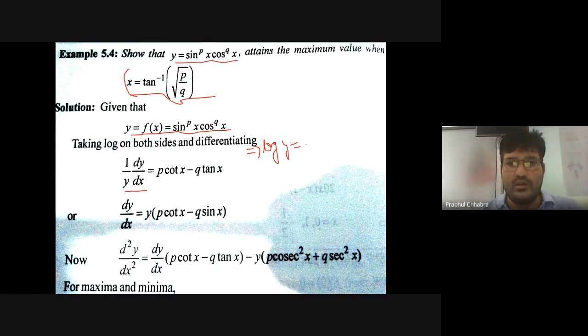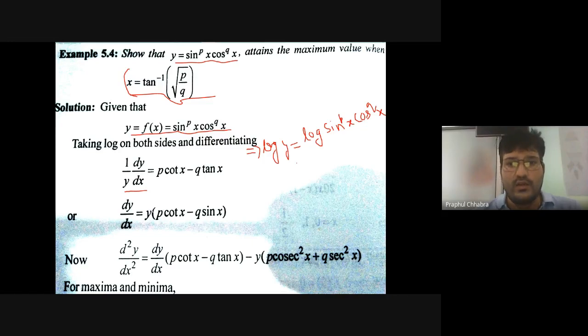So log y is equal to log sine raised to the power px multiplied with cos raised to the power qx.